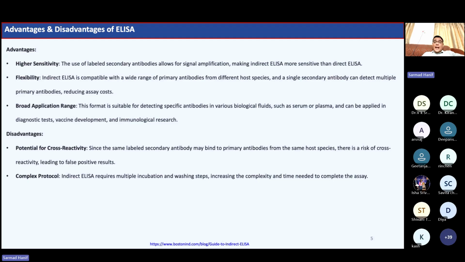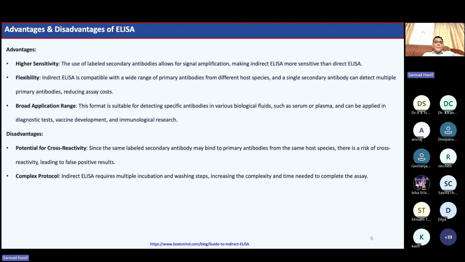It can be applied in diagnostic tests in terms of identifying the antigen, in vaccine development, that is the immune response, and obviously various other applications, either in immune responses, or in diagnostics, or in various other fields.